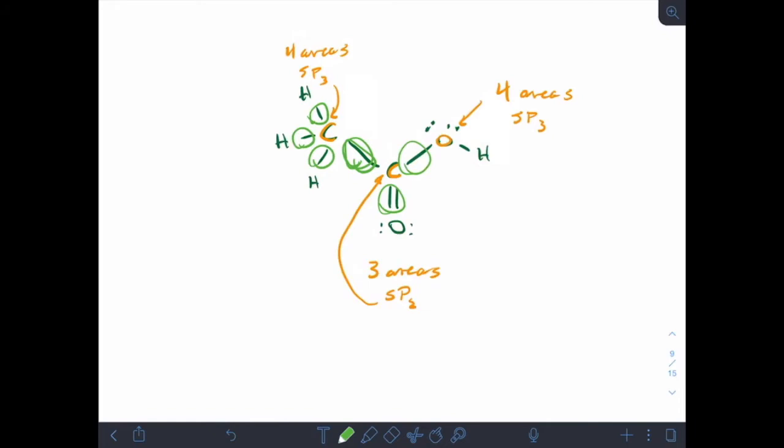So S, a P, and a P, that makes 3 things, sp2, and that will have 1 unhybridized p orbital to play with. And then our oxygen, remember, lone pairs count as an area, so our oxygen has 1, 2, 3, 4 areas around it. So S and 3 P's makes 4 things, or sp3 hybridization.